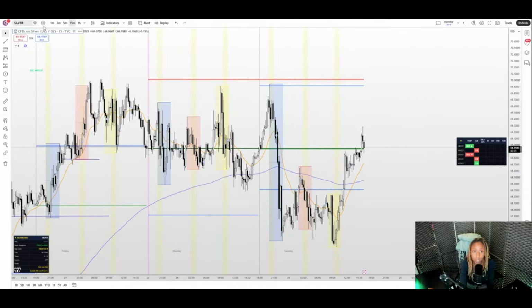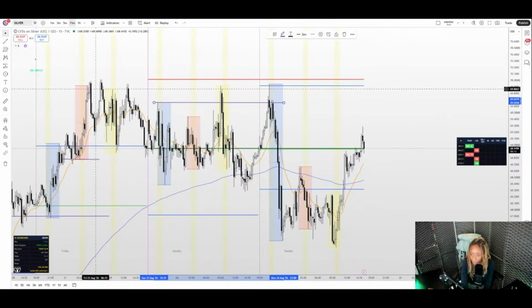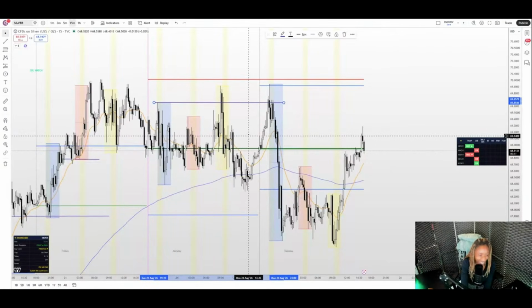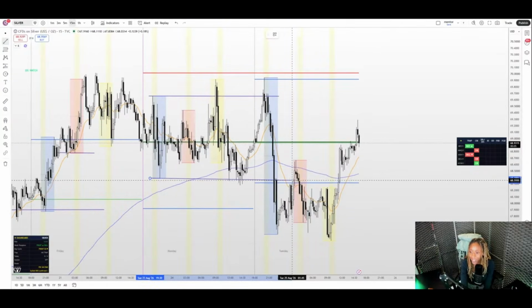At least if you're going to trade trash, trade it from the highs, because that's where sellers are in a consolidation. If you're going to trade trash, trade it from the high, dang it. All right. If you're going to buy trash, buy from the low.